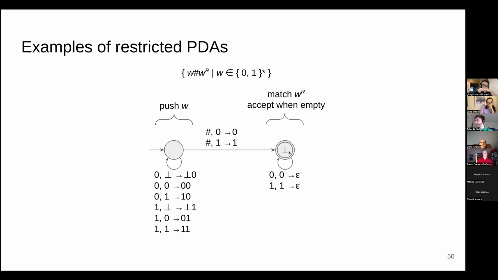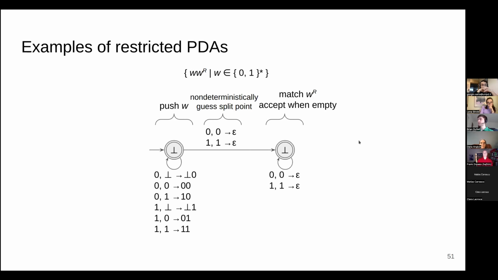The bottom symbol here means that we accept only if the bottom symbol is on top of the stack. Here's another example, which is non-deterministic. We have the same language, but with the marker symbol removed, which forces us to non-deterministically guess where the split point is. So we push the symbols in W, and at any point, we can make one of these transitions that goes to the next state.